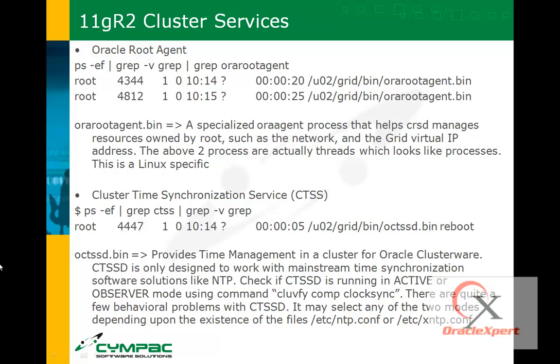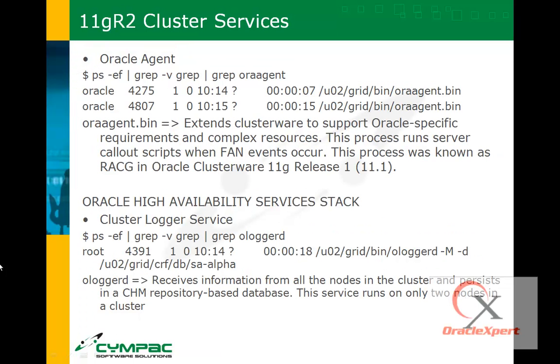Then there is an ORA agent, whereas the previous one was the ORA root agent. ORA agent again is spawned by multiple processes. One is triggered by OHASD and another one is triggered via CRSD. ORA agent.bin extends clusterware to support Oracle specific requirements and complex resources.